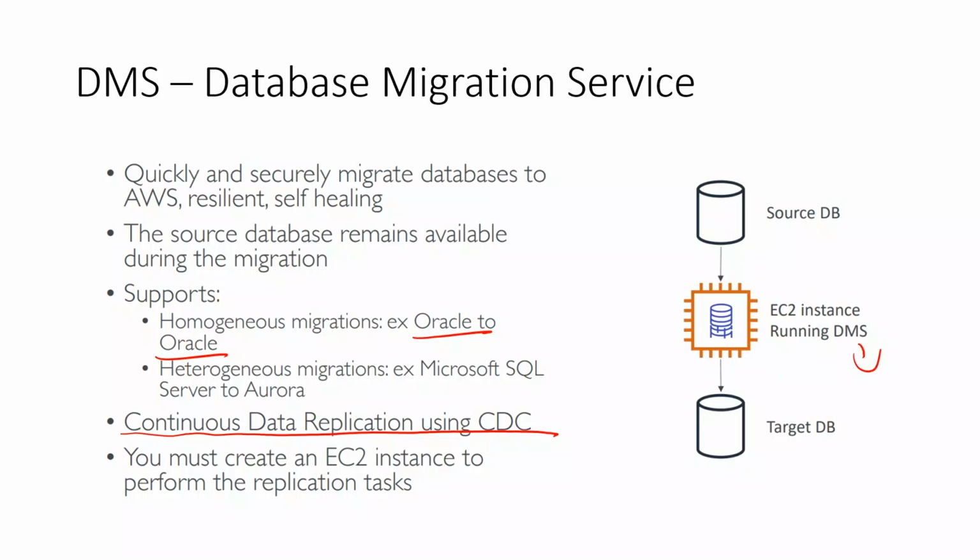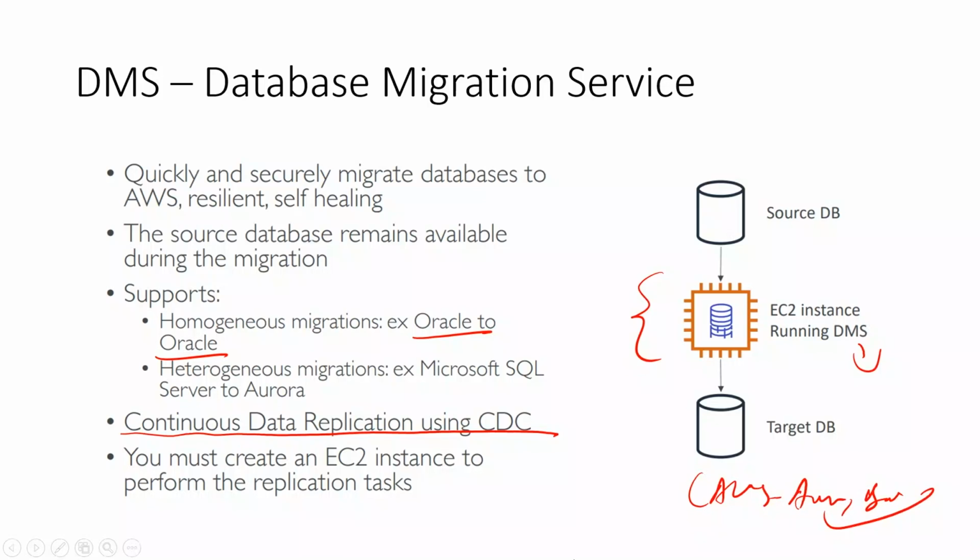You will understand the importance of this intermediate EC2 instance when you are migrating from a heterogeneous source, like from Microsoft SQL to Aurora, because you have to do some conversions in between, and we're going to learn how to handle those conversions in a minute. So we have that intermediate EC2 instance running, and then we have the target DB, which can be, for example, in AWS like Aurora or SQL, whatever you want.